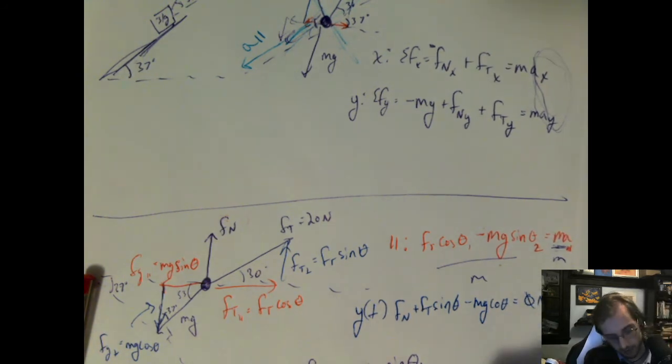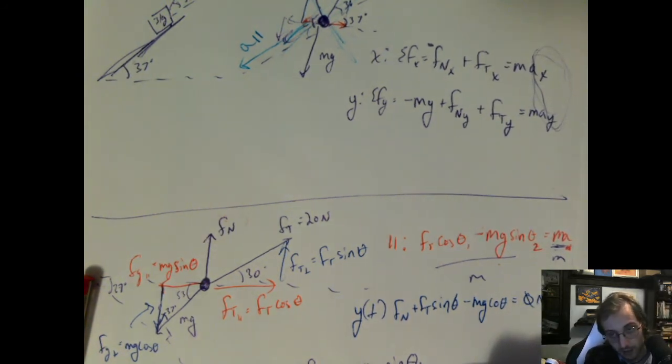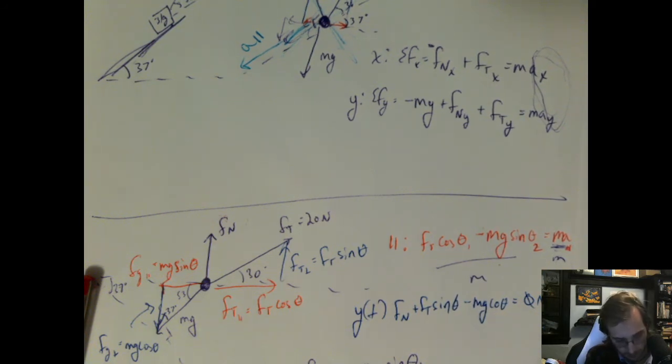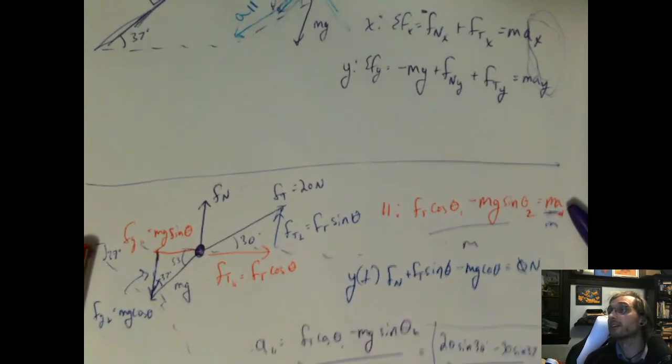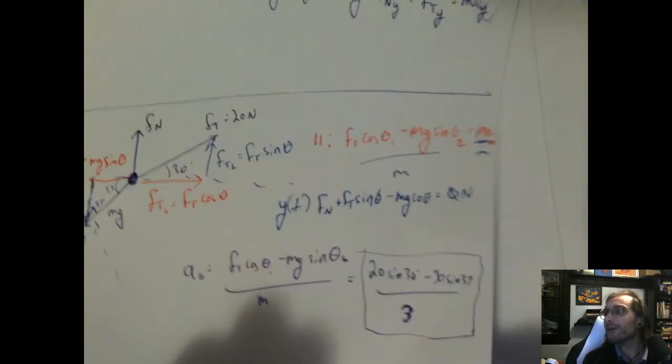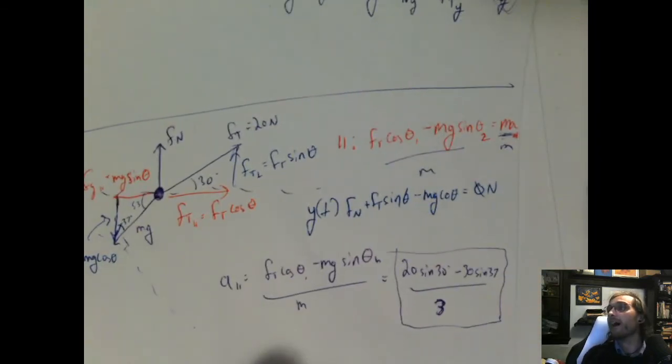So in this case, plugging in our numbers, we've got 20 times the sine of 30 minus 3 times 10, so 30 times the sine of 37 divided by 3. And you can put that into the calculator and get an answer. I'm feeling like I don't actually know where a calculator is in my house right now. So we'll leave that for another day.